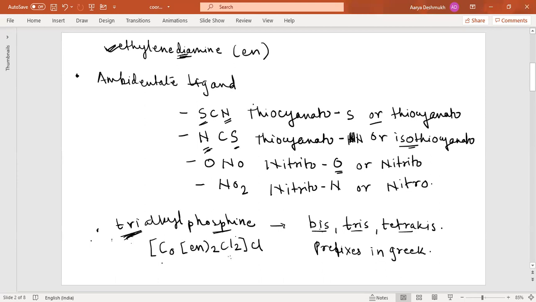Here there are chlorines, and first comes C. So start with the two chlorines; you can write here dichloro. Then there are two ethylene diamine, so write this in bracket: ethylene diamine.